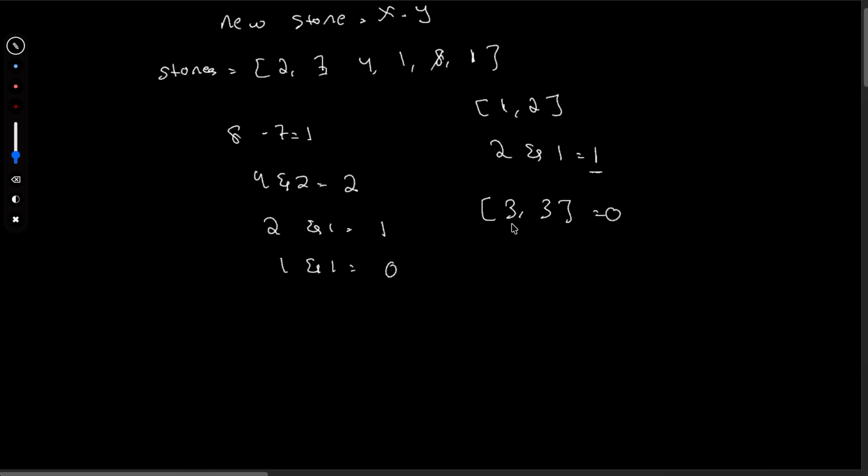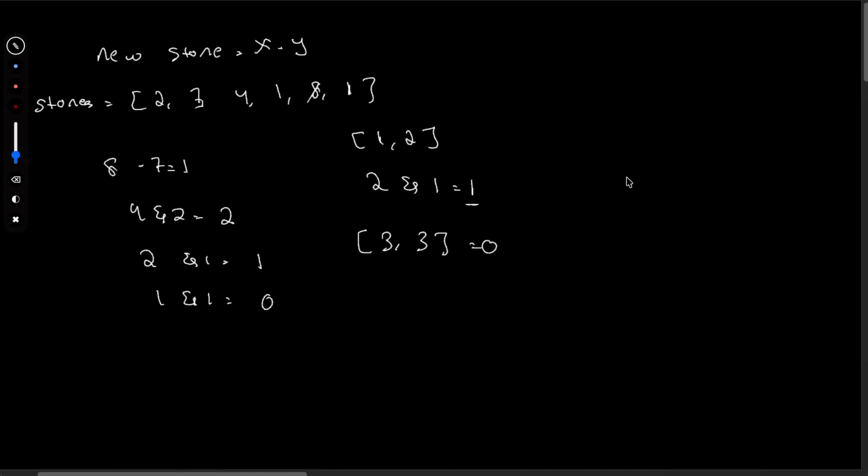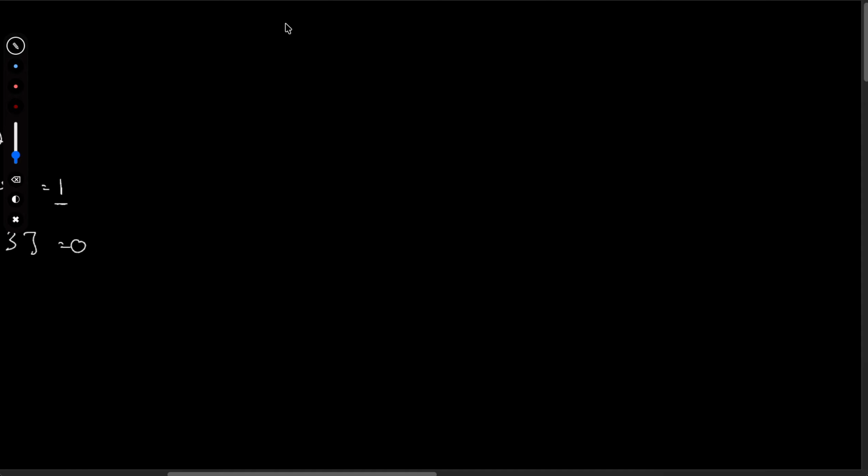So we are trying to smash the stones in a smart order so the leftover weight becomes the minimum possible. See, when we smash stones again and again, the final result becomes some group 1 minus some group 2.